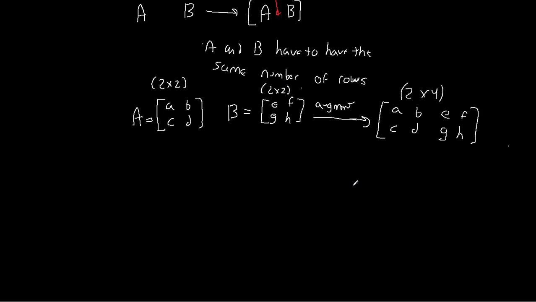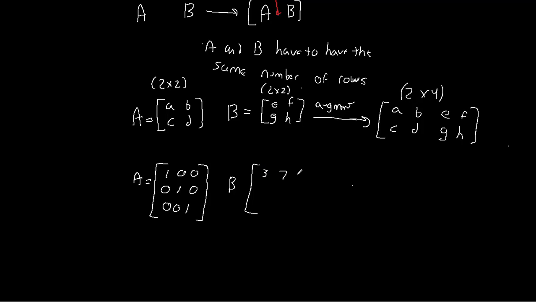Let's look at a specific example. Let's say that A is going to be the identity matrix for a 3 by 3 matrix. This is a 3 by 3 identity matrix. And let's say that B is just a random 3 by 3 matrix.